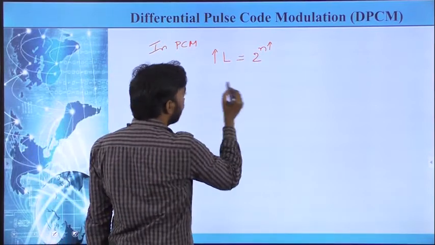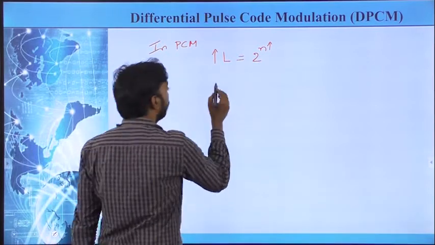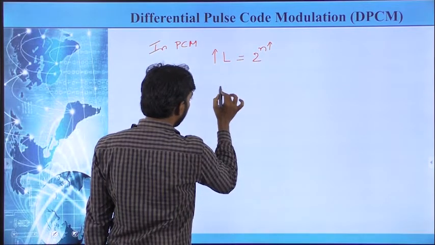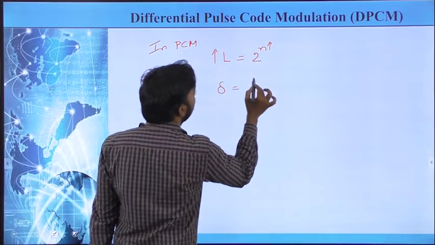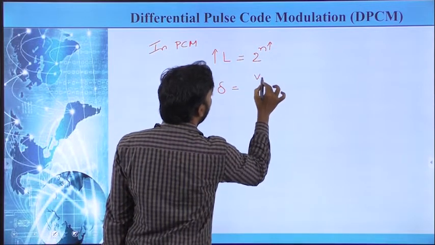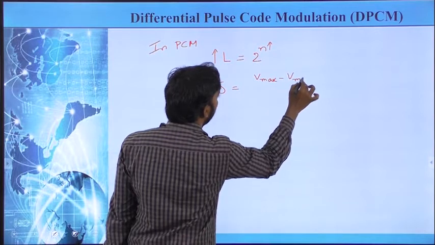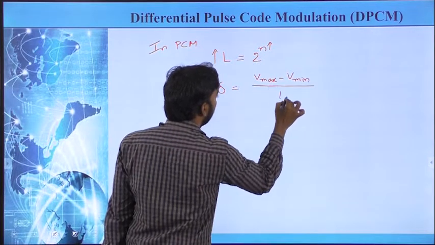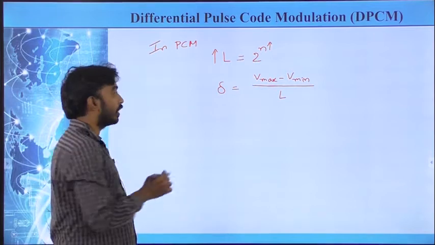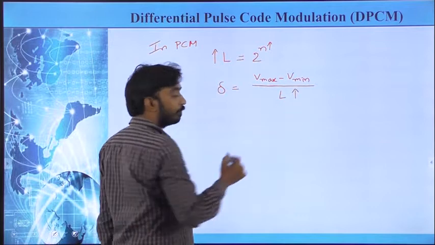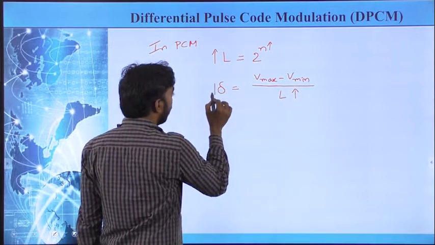The number of levels depends on the step size delta. If I increase the number of levels, the step size reduces.